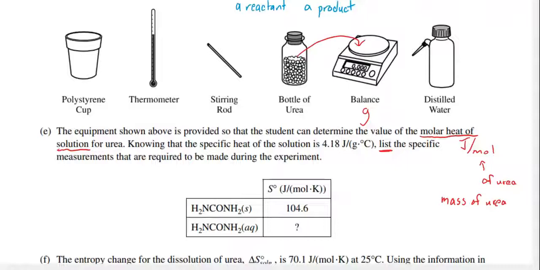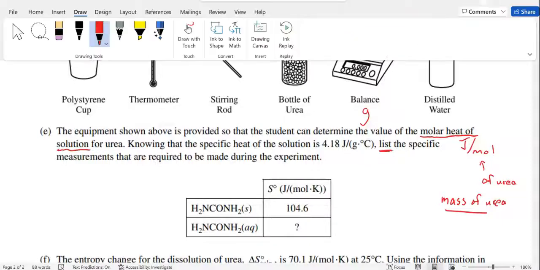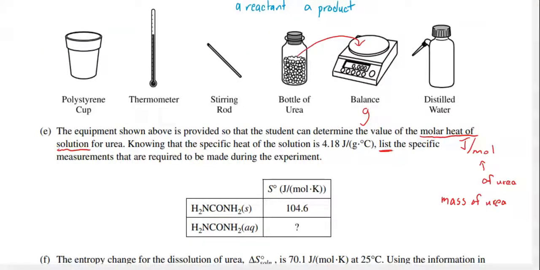If we had a filter paper or a weigh boat, we could do that, but they're not telling us that we have any of that, and I don't want to assume that we do. So while we do want the mass of urea, we're going to have to find it in a roundabout way. I'm not going to put this in my list, because we only want to include stuff that we're going to directly measure.